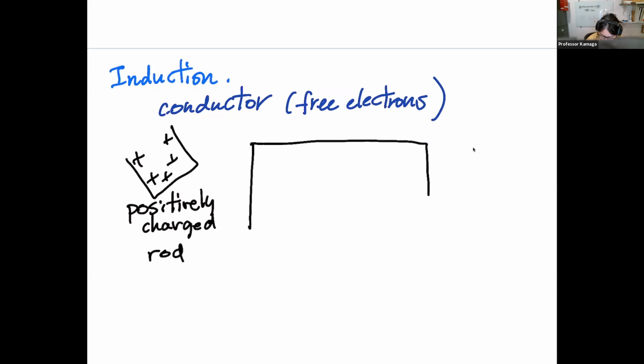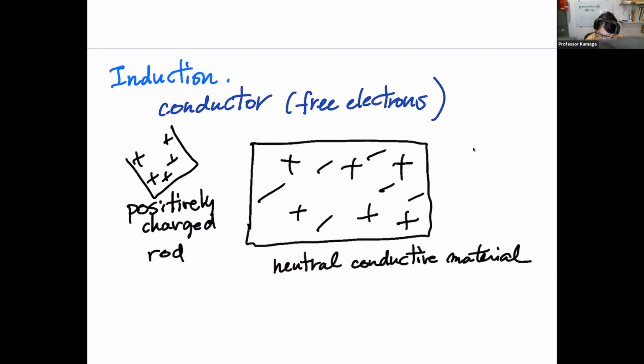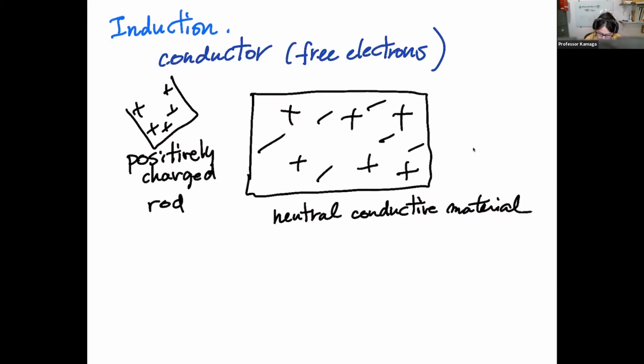And here is a neutral, electrically neutral, and conductive material. It could be metal. So let's say we have pluses and minuses, right? And then I bring this closer.